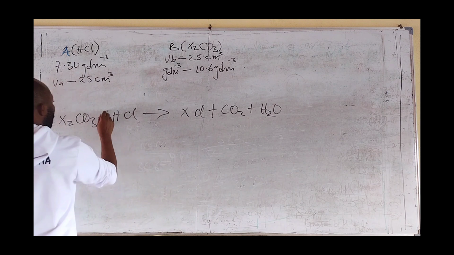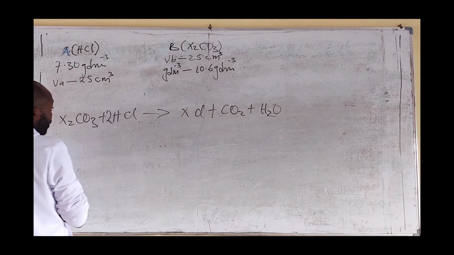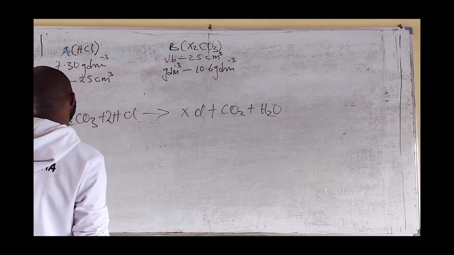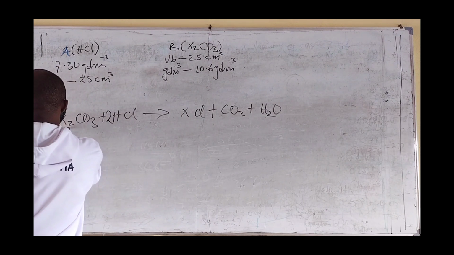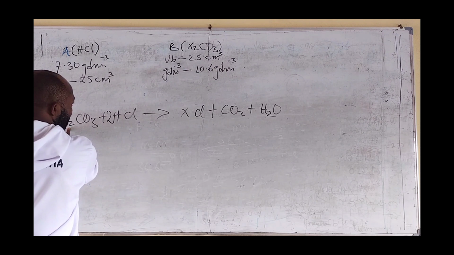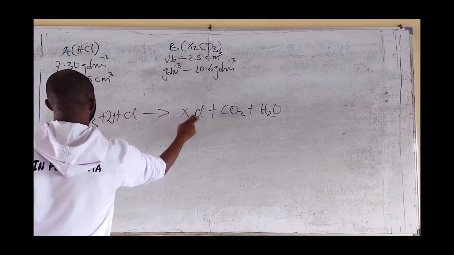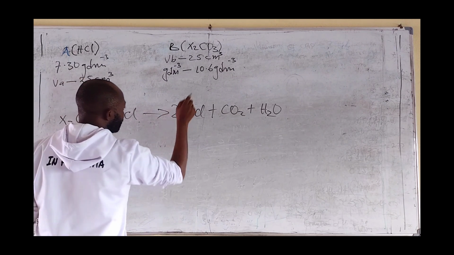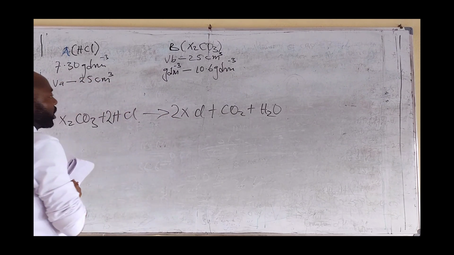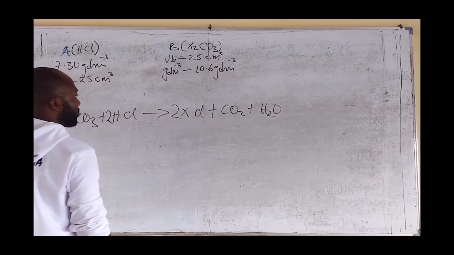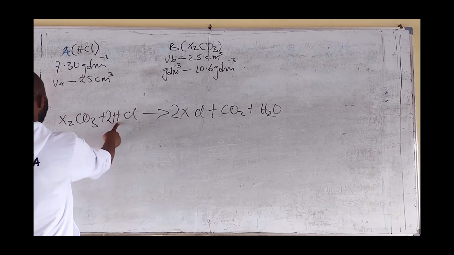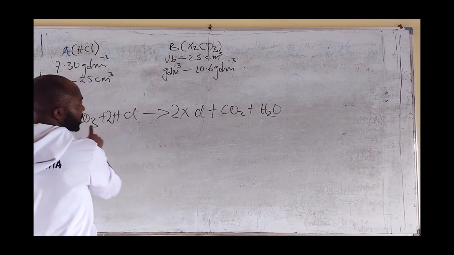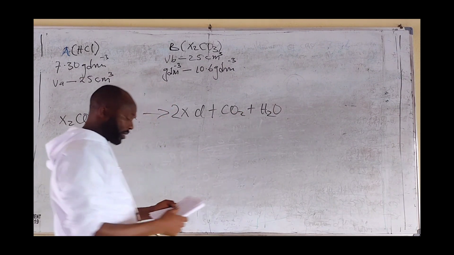So if I put 2 here, I'll have 2 hydrogen balanced. Chlorine, I have 2X and I have 1 chlorine. So 2 chlorine now and 2X. I can easily put 2 here: 2XCl. What again? Hydrogen is 2. Oxygen is 3. Okay, that is 3.